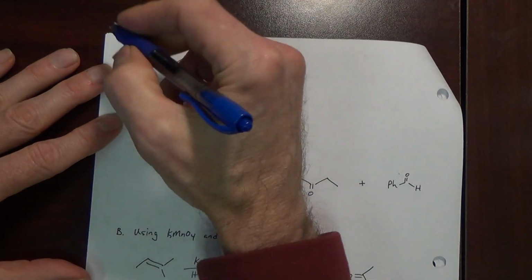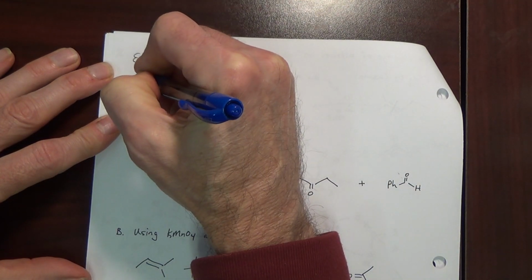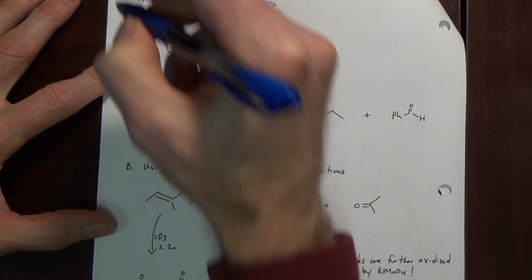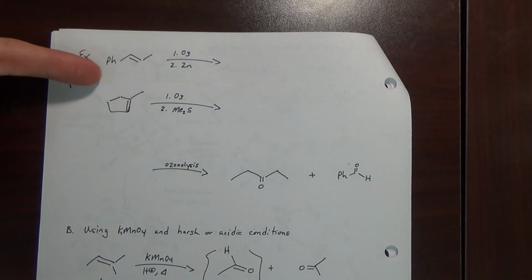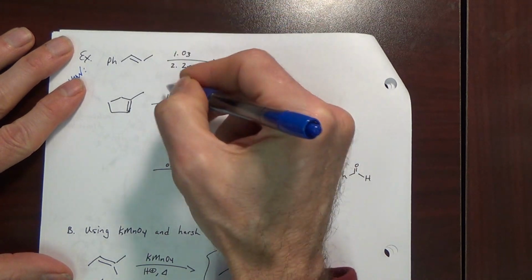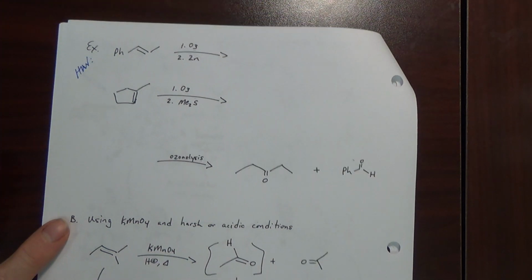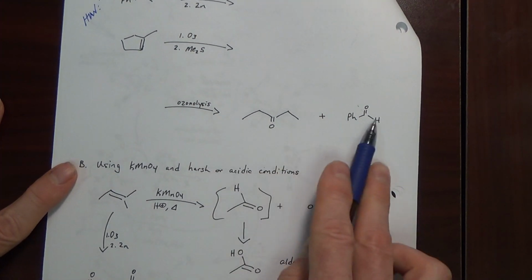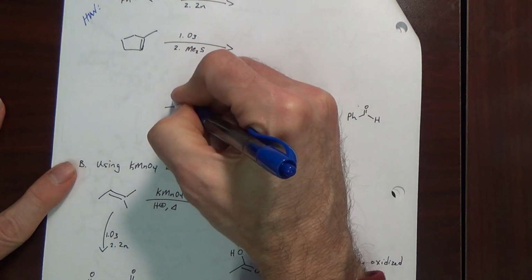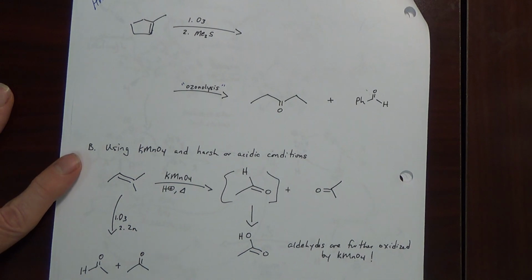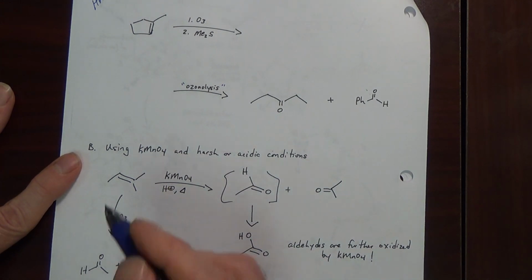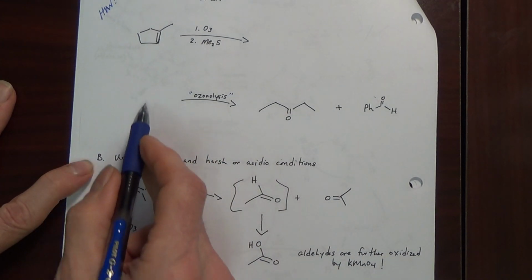Okay, here's some homework. Alkenes, ozonolysis, two-step ozonolysis, okay? In this case, we have two products, and we're just saying ozonolysis. And asking here, it's a little bit vague.